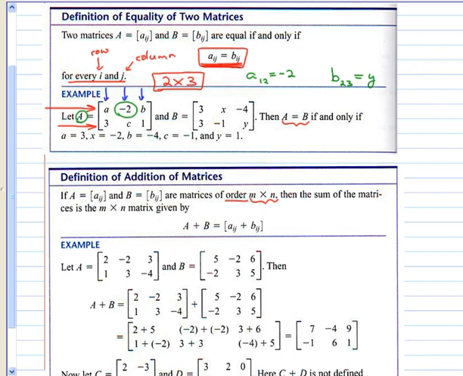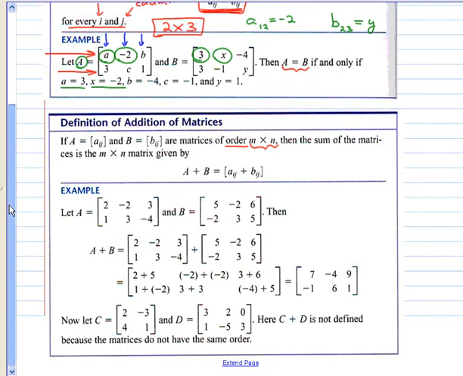If the -2 is the same thing as the x, x is going to have to equal -2. If the a is the same thing as 3, a must equal 3. It's not very hard. So equal matrices means that equal position elements are equal to each other. But that notation is important, so now we can read that notation. We know what they are talking about.